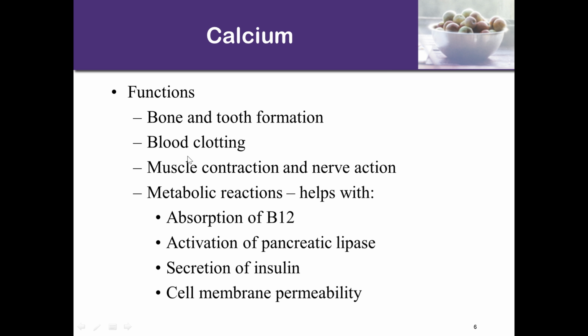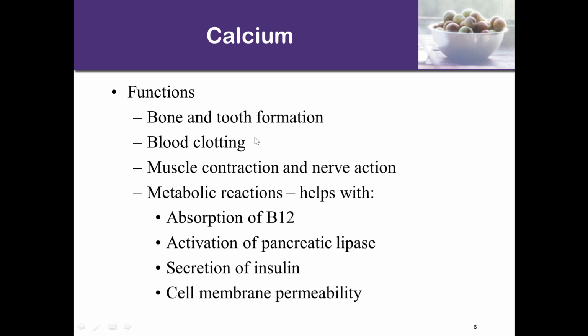So first, calcium. What are the functions of calcium, and how do we get calcium from food? Which food contains a high amount of calcium? The major function of calcium is in bone and tooth formation.